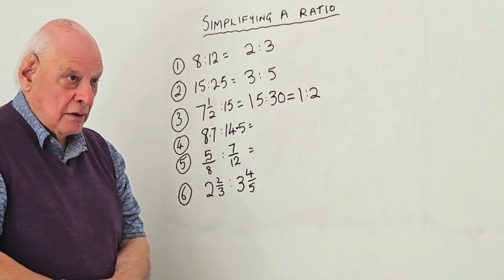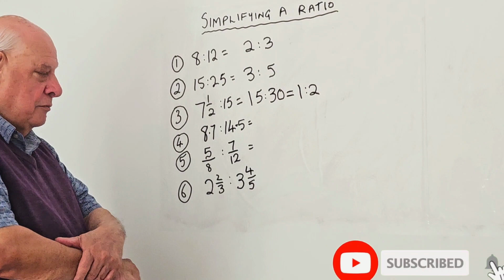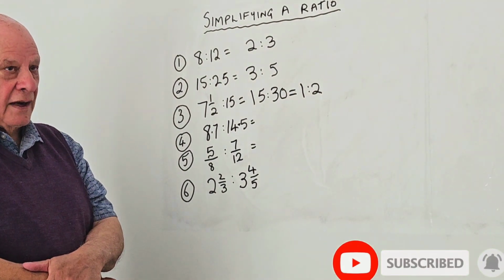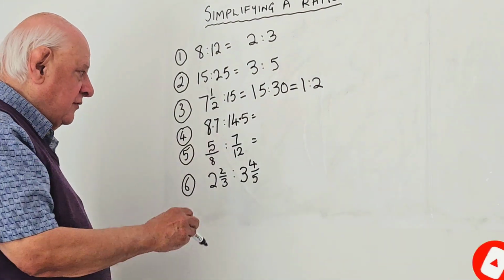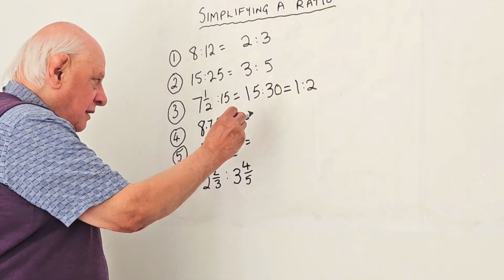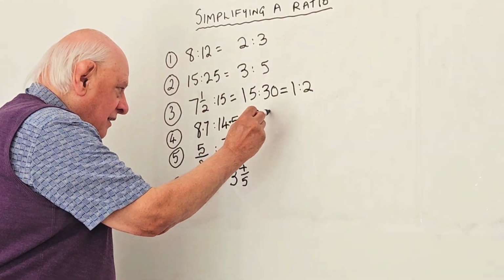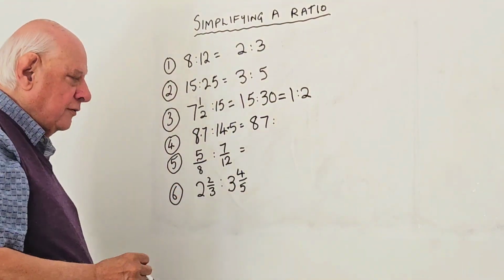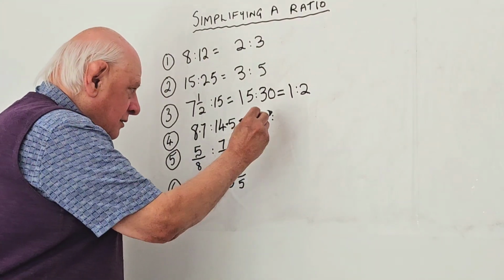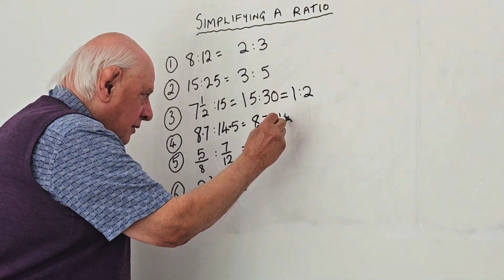The next one again is a bit awkward because of the decimals. This time we can kill the decimals by multiplying through by 10. 8.7 times 10 is 87, and 14.5 times 10 is 145.